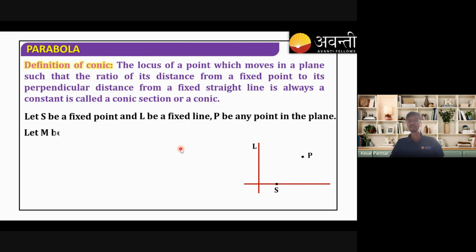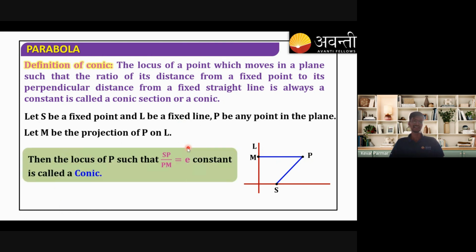The distance of P from S and the perpendicular distance from L, that is PS and PM, if they are in the same ratio, let's say this ratio is E, that is SP upon PM equals E, or you can say E is a constant, then the locus obtained is called a conic.